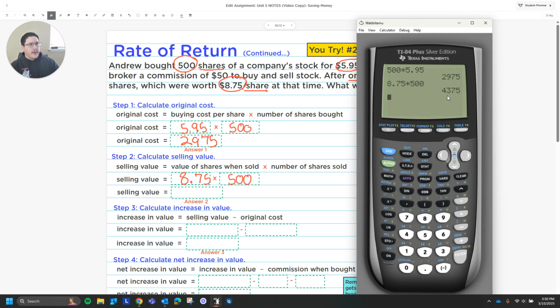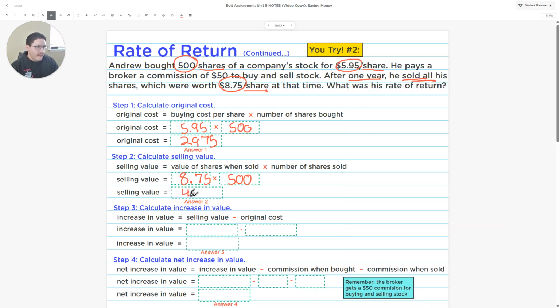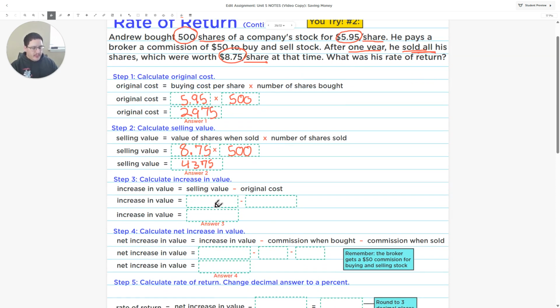Which turns out to be $43.75. Okay. Now we want to calculate what the increase of that value was from bought to sold. So we're going to subtract the cost from the selling value.